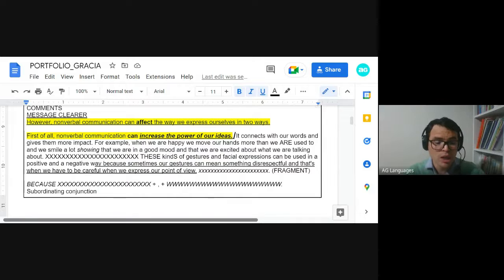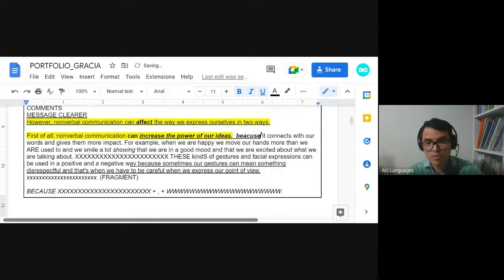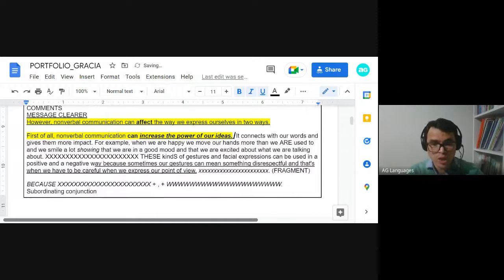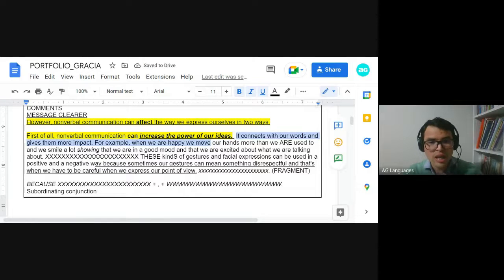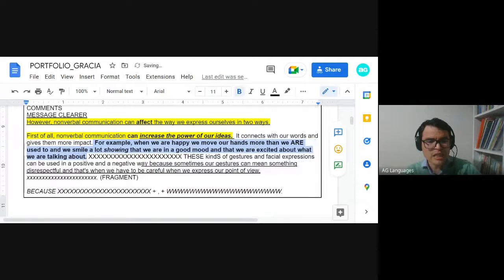Okay, so the first suggestion here: make your topic sentence shorter. Don't use because in your topic sentences. You can introduce a reason in the next sentence and then an example. This is beautiful, right? But to be honest, this is the only part of the paragraph in which she's talking about how body language increases the power of your ideas.